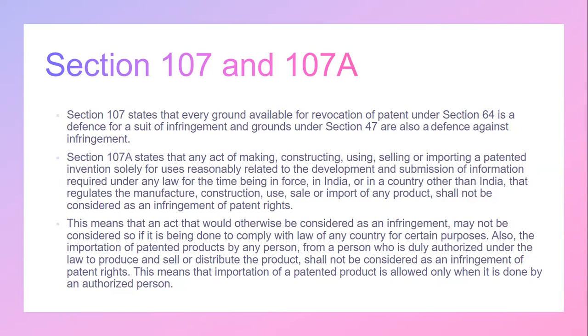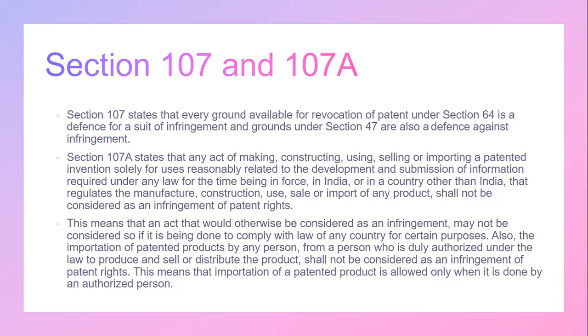Defenses are something we will be covering in infringement proceedings, but it is important to know that the exceptions to a patent right, which we demonstrated in section 47, are also defenses against infringement. So if I accuse you of infringing my patent rights, you can probably take refuge under section 47.